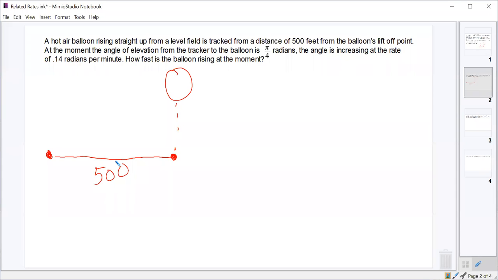Yes. Okay. Now, we're also given some other information. We're given that the angle we're interested in is theta equals pi over 4 radians. Well, first of all, I don't even have an angle on here right now. It's talking about the angle of elevation from the tracker to the balloon. So that's this angle right here.